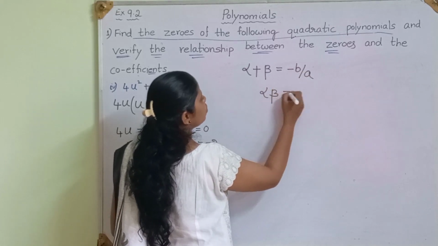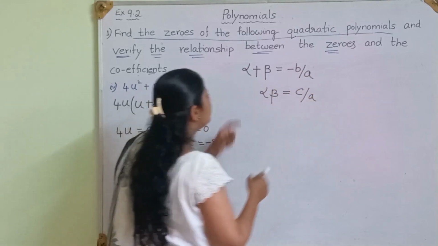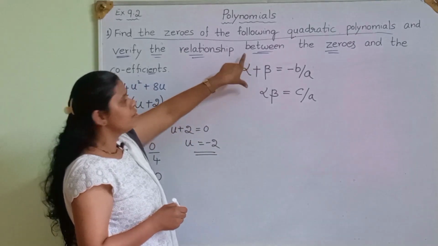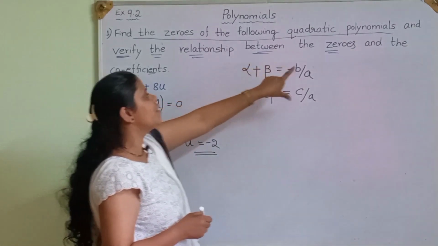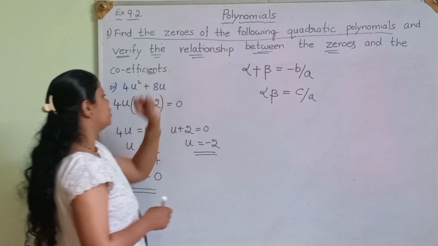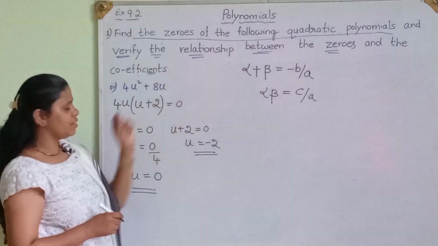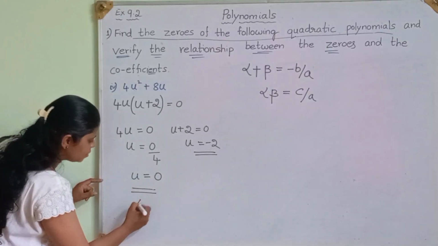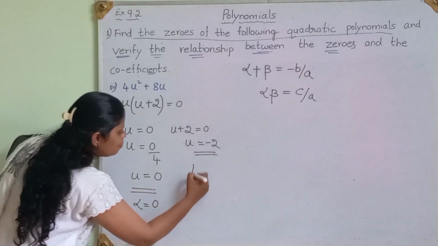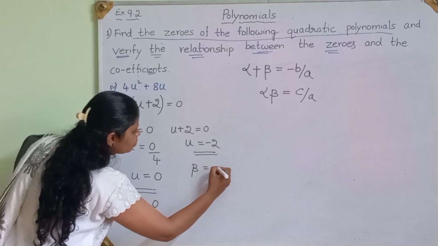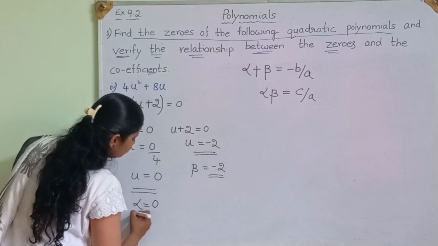Alpha into beta = c/a. See, already we got the values of alpha and beta: alpha is 0, beta is -2. Isn't it?